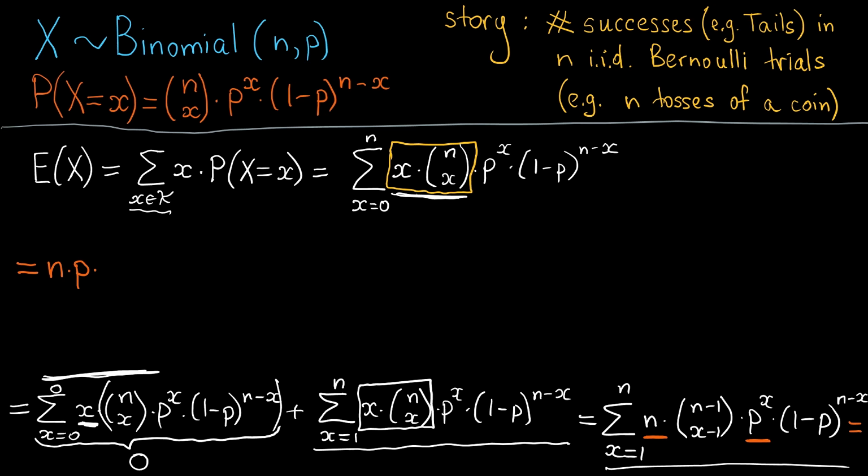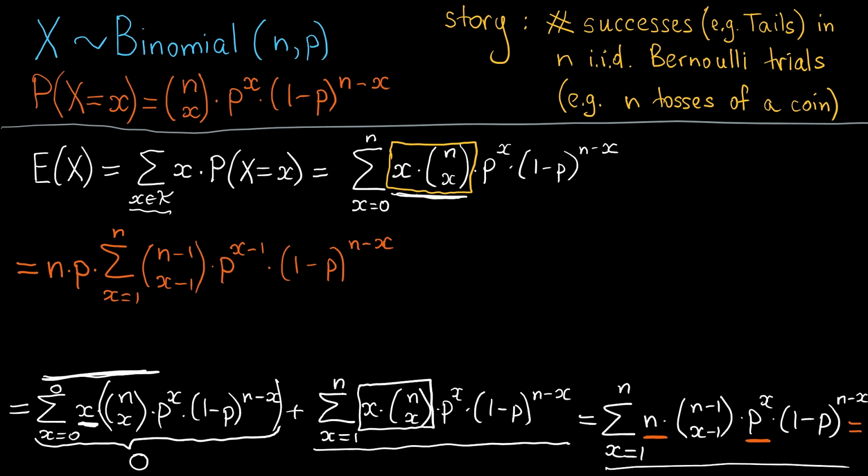And then what we have inside the summation sign is x going from 1 to n of, n is gone because we pulled it out, n minus 1 choose x minus 1, times, now having pulled out 1 p, we have x minus 1 of them left, and there's still a 1 minus p to the power of n minus x.